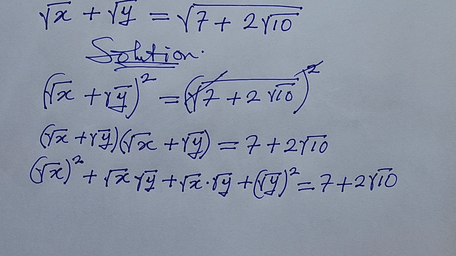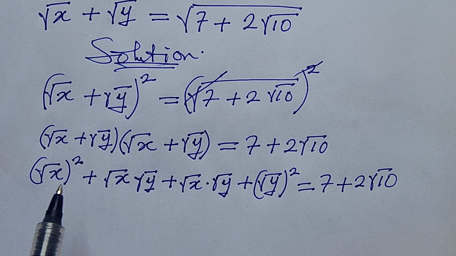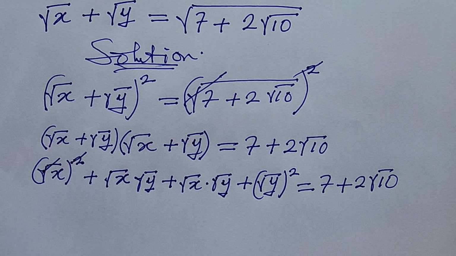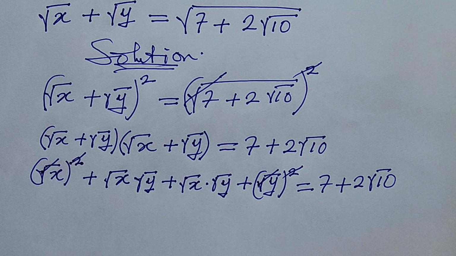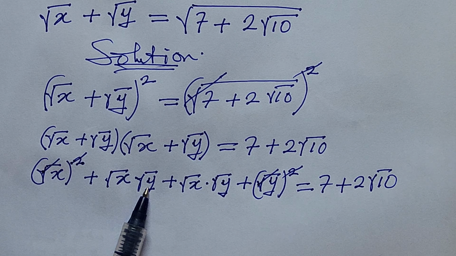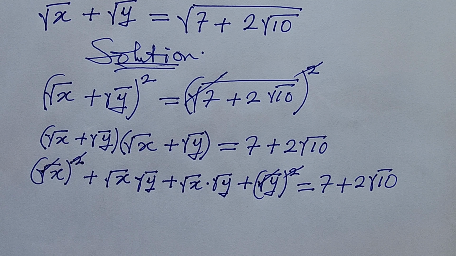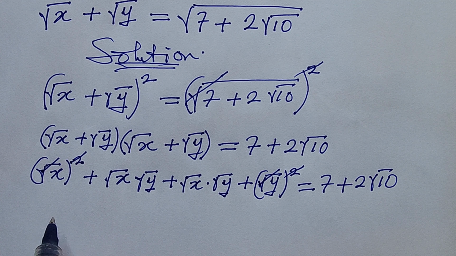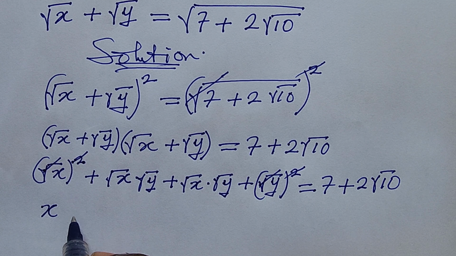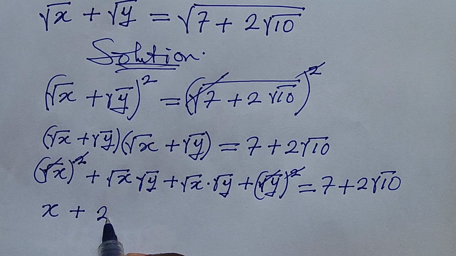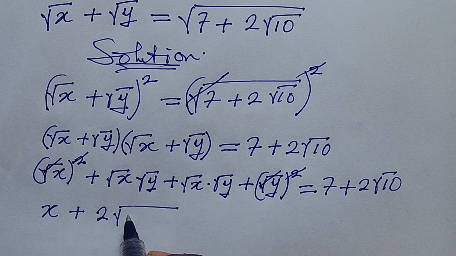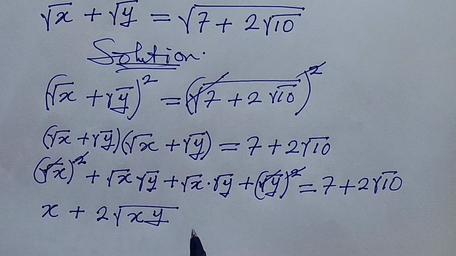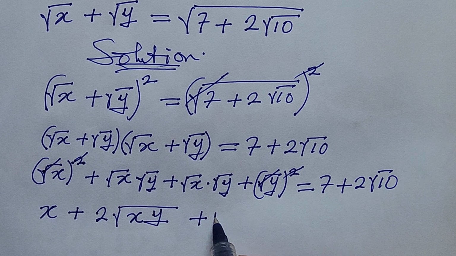Now, if you look, this power will go with this radical, this power will go with this radical. What we have here and what we have here are the same. And we can rewrite this according to the law of surds. And so this will give us x here plus 2 times the square root of x times y there plus y.